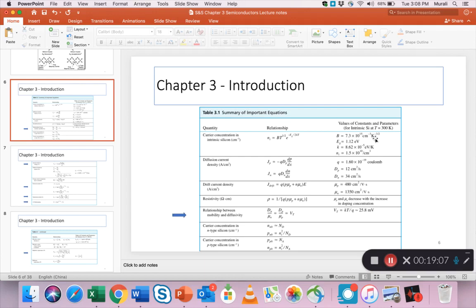Then we have very low numbers like 10 to the power minus 5 and so on, because we are looking at the most basic units of charge, right? So all this makes these numbers look big and look small, but that is one of the peculiarities of this topic, particularly semiconductor physics.